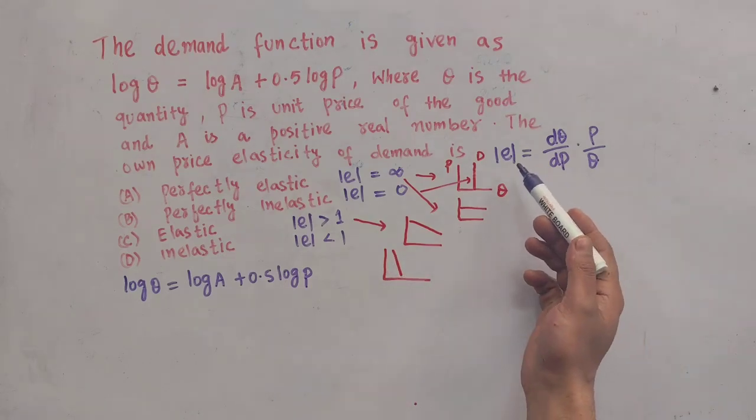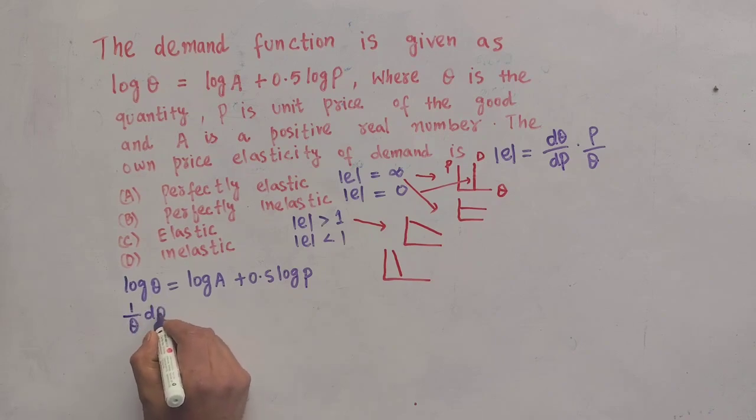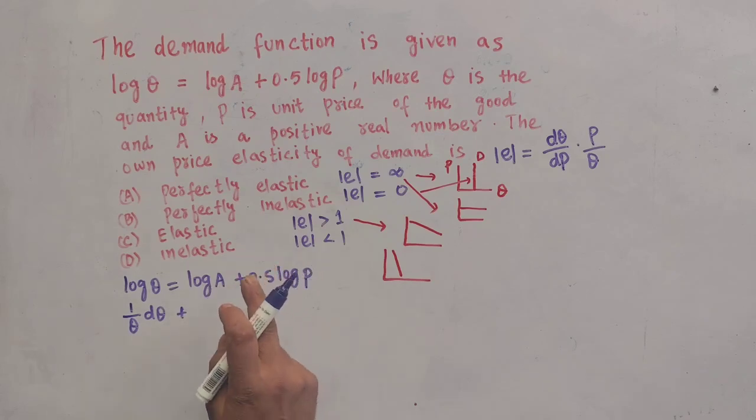We need to find out the elasticity of demand, and we are being given the logarithmic demand function. So first we take the differential on both sides. The differential of log of q will be 1 upon q times dq, plus log of a, where a is a constant.